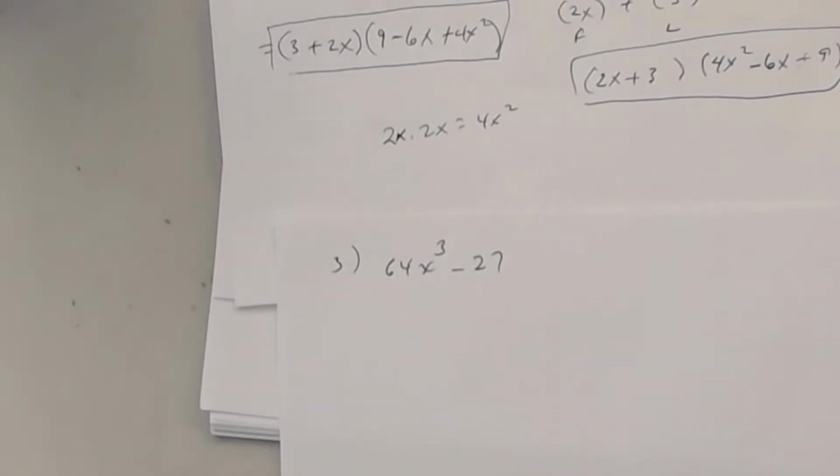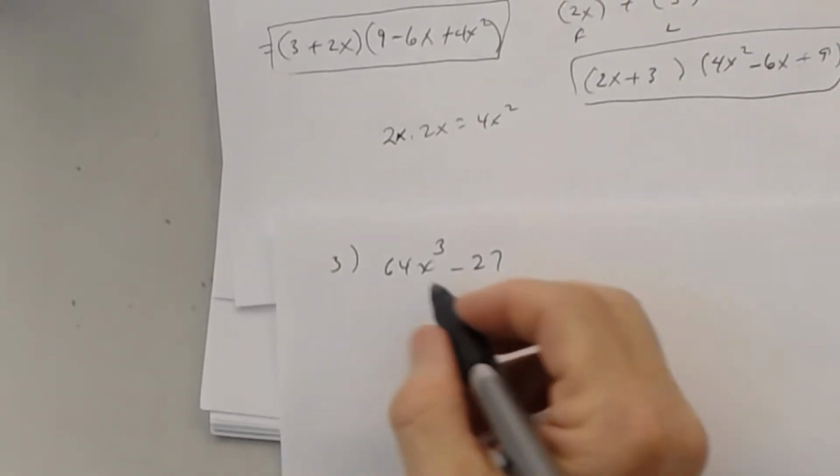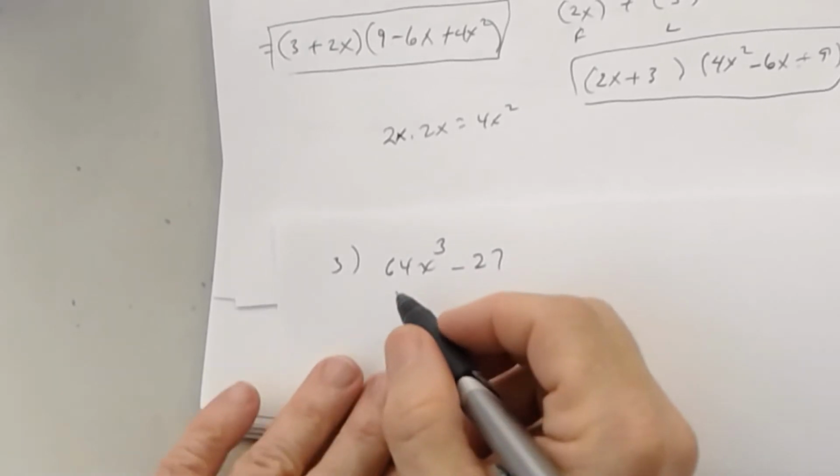So you need to ask yourself, first of all, is this the difference of 2 squares? No, because for one thing, x is being raised to what power? The third. And secondly, 27 is not a perfect square. 64 is, but 27 is not, right? But you want to check and see if this is the difference of what? 2 cubes.